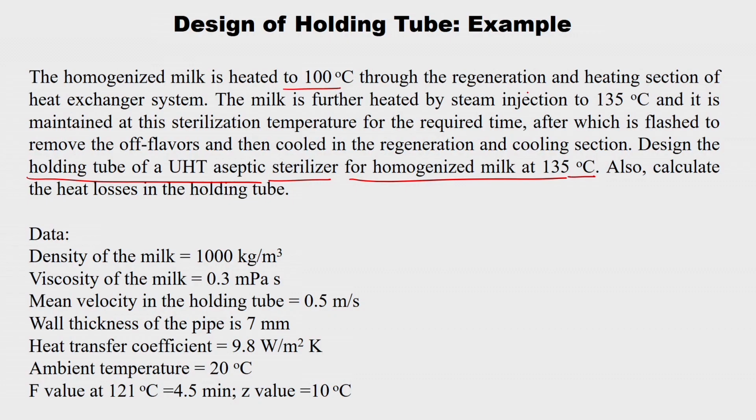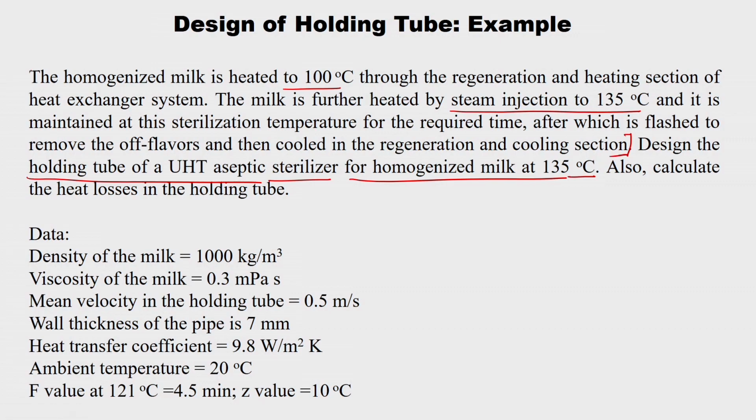So, now you are very familiar with the terminologies, and the heating section of the heat exchanger. So, regeneration and heating section heat it to 100 degrees. The milk is further heated by steam injection, this is the direct heat exchanging system, to 135, and it is maintained at the sterilization temperature for the required time, after which it is flashed to remove off flavors and then cooled in the regeneration and cooling section.